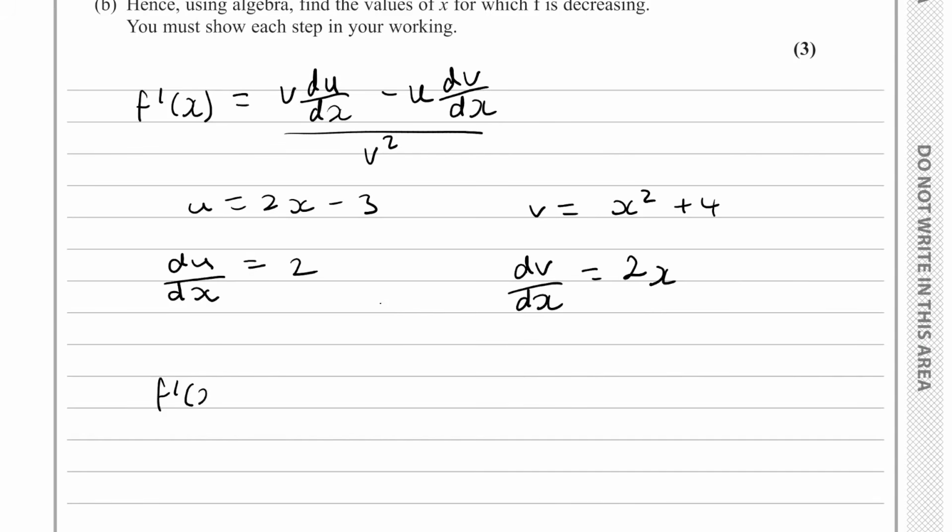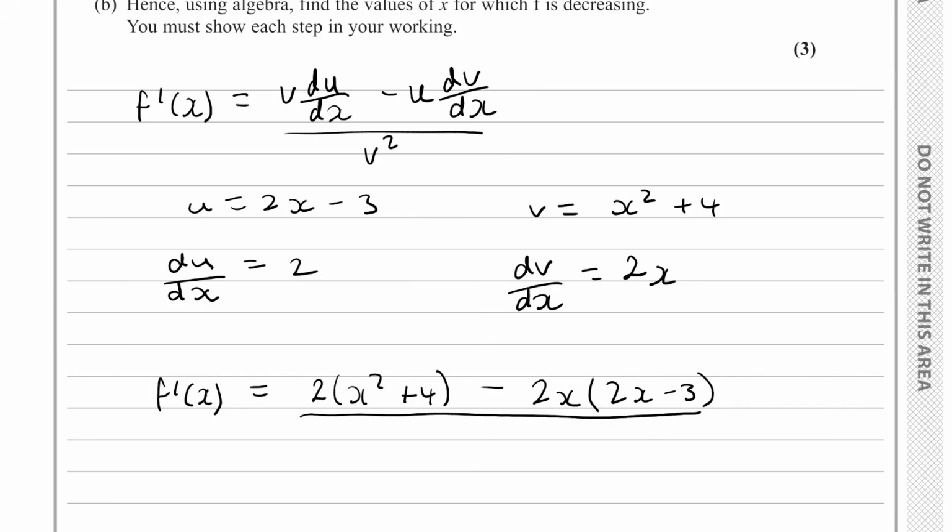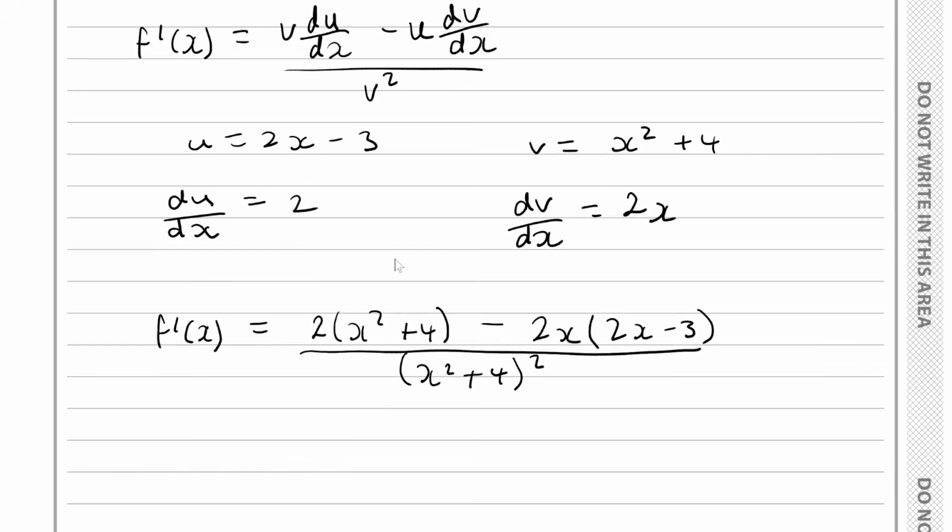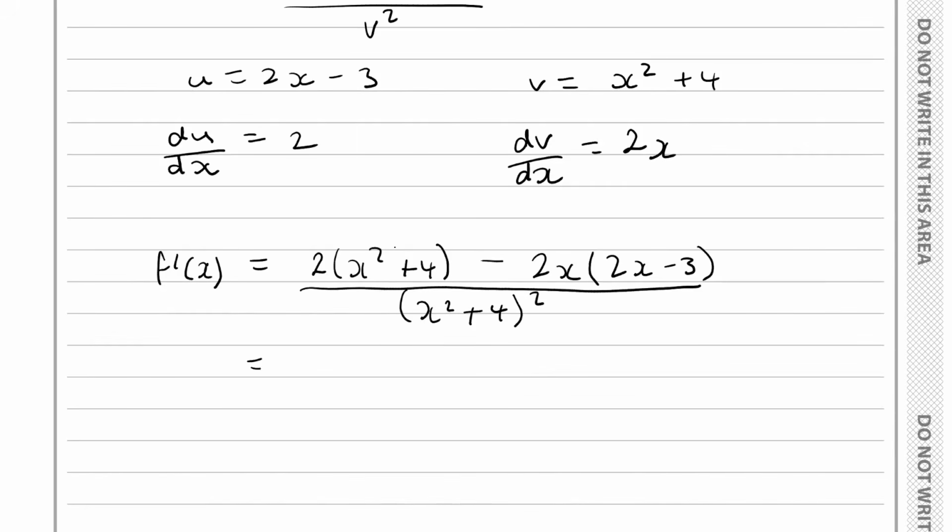So f dash x is v du dx, so 2 times (x squared plus 4), minus u dv dx, 2x times (2x minus 3), over v squared, (x squared plus 4) squared. And we've just got to expand and simplify the top line.